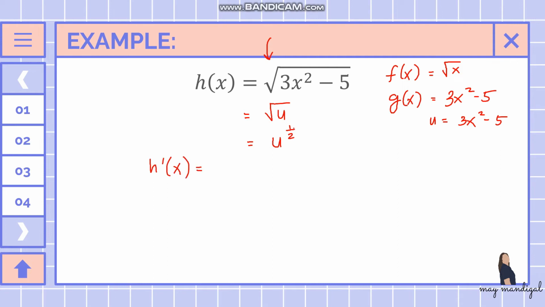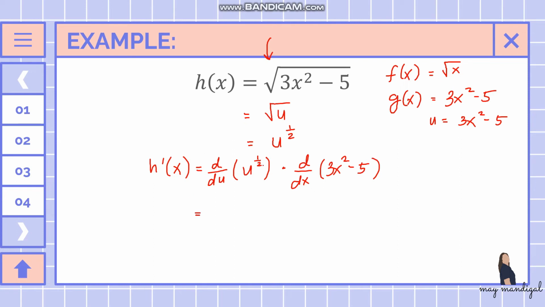Since this is the outer function, and from the outer function there is still an inner function, we'll be using the chain rule. So get the derivative of our outer function, u raised to 1/2, times the derivative of our inner function, which is the value of u, and that is 3x squared minus 5.